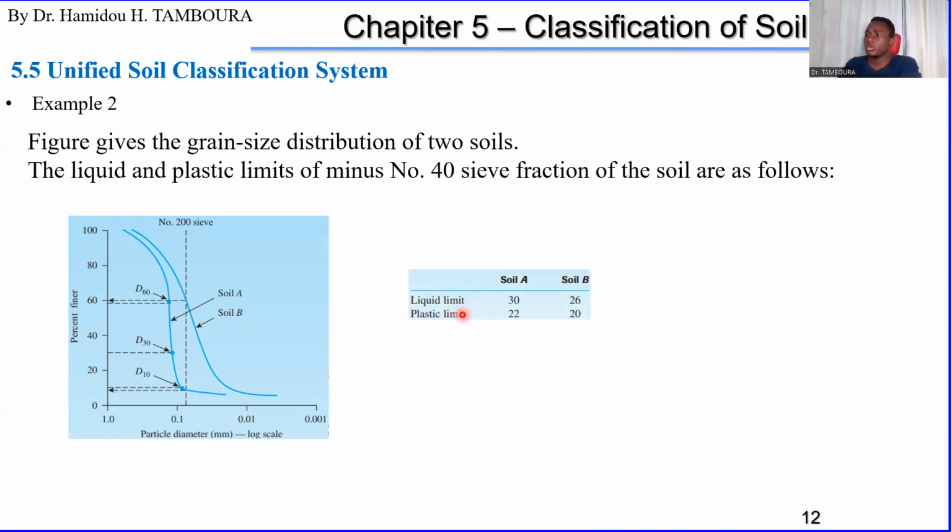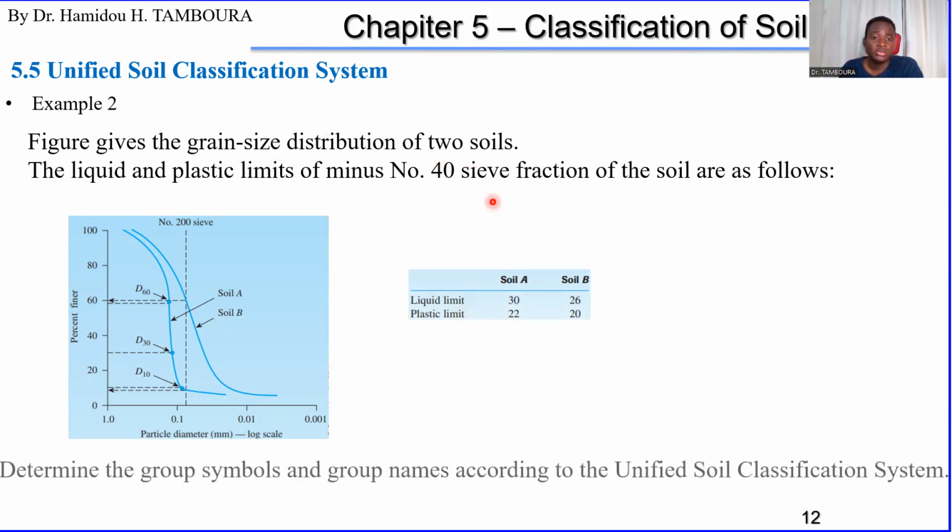Okay, so what we have to do is to determine the group symbol and group name according to the unified soil classification system. So here we have to do both as well. Sometimes you don't have to do the group name, but sometimes you have to do both.